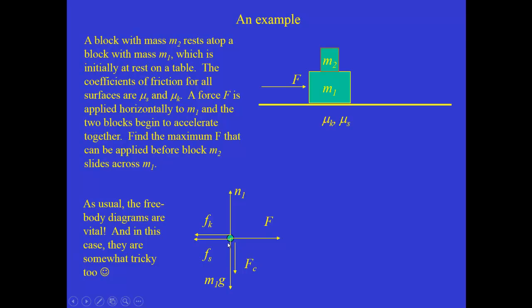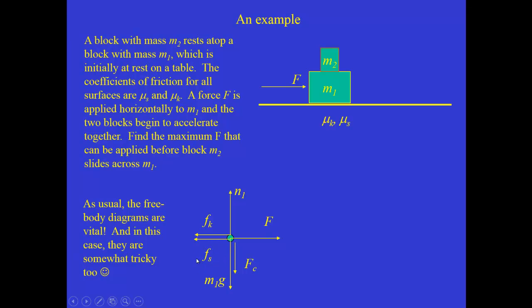Then also there is the kinetic friction force on M1 because we assume it's sliding to the right across the surface. So it will be experiencing a force to the left that will be the kinetic friction force, F sub K. What about this last force, F sub S?